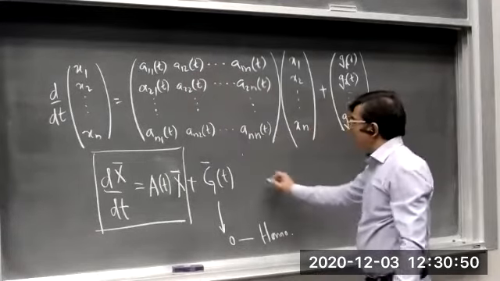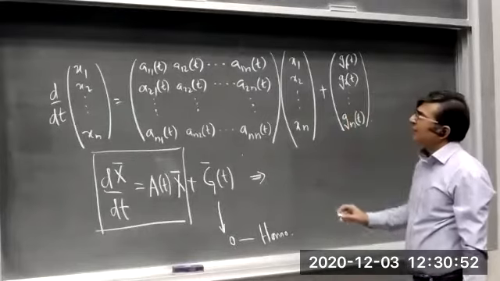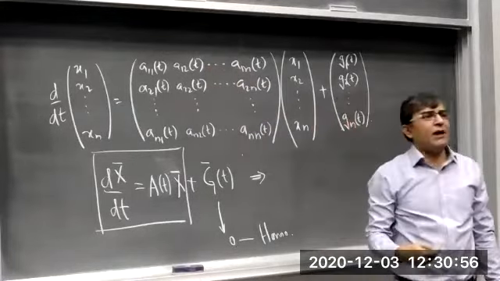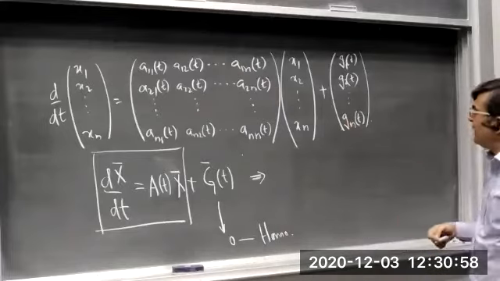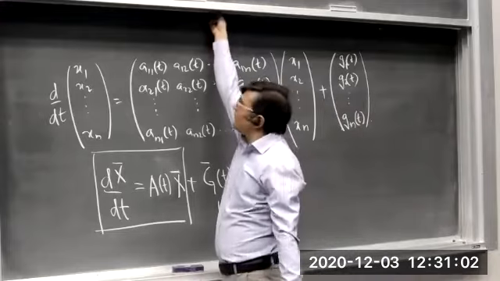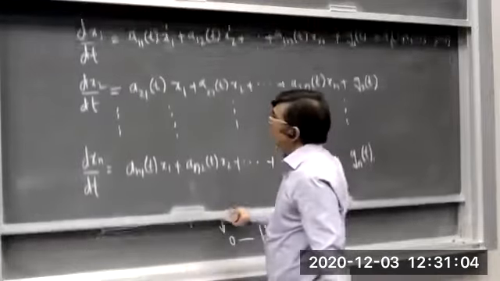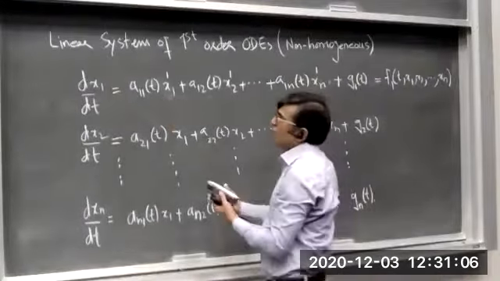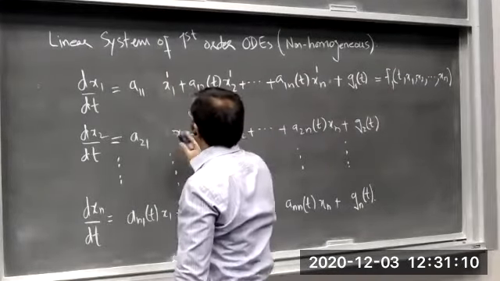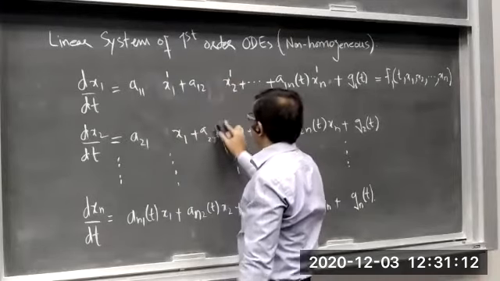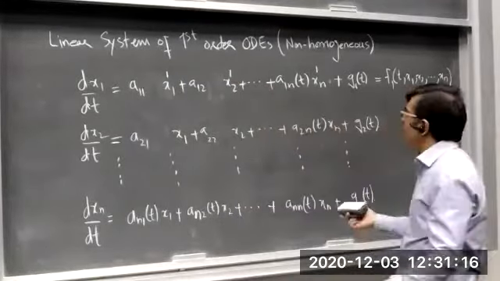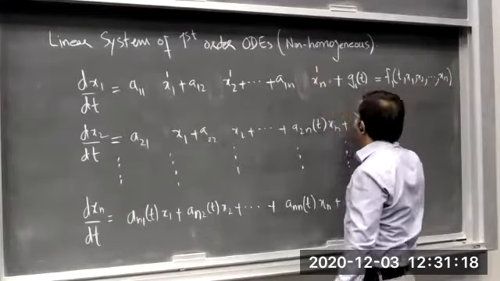But first we shall deal with the case when this coefficient matrix is a constant matrix. It contains only constant entries. What does it mean? That they are no more functions of t. They are constants, they could be any real number, for example 2, 3, 5, anything.